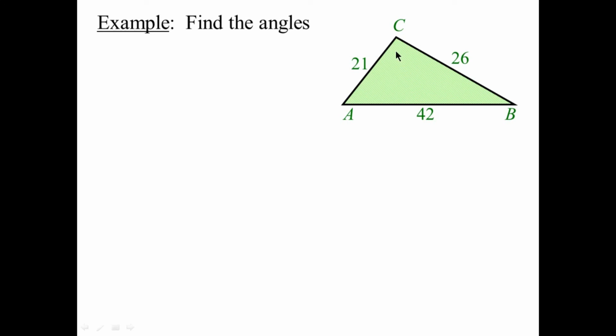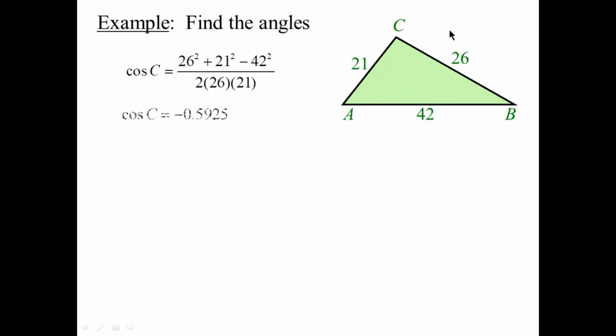So we'll start by saying cosine C equals... it's that other pattern. Cosine C is 26 squared plus 21 squared minus 42 squared, all divided by 2 times 21 times 26. Calculator it, and we'll notice that the cosine is negative.